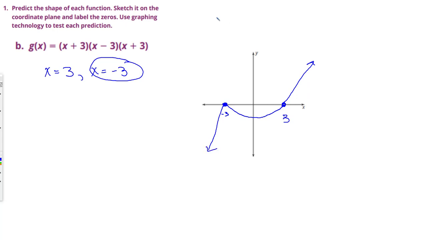See if you're right. You can use that same window, or if you want to, you can go ahead and adjust your Y's, or make your X's to be this. I'll zoom it in a little bit more. But what you had would not be a bad window.